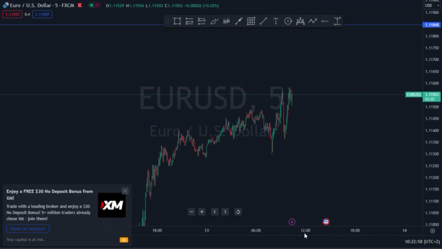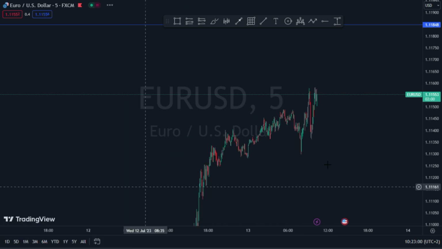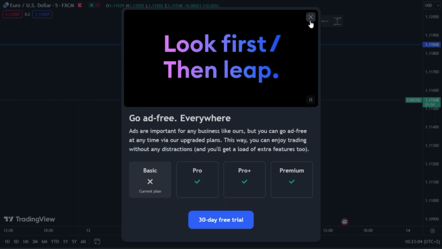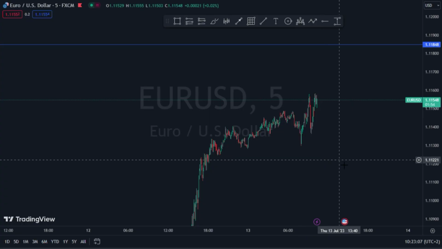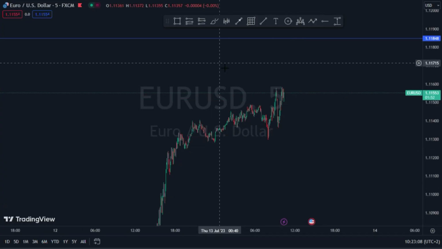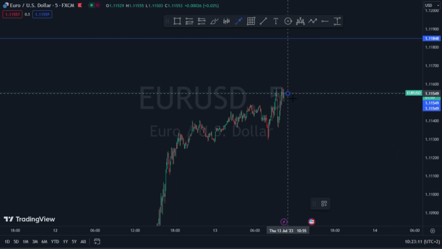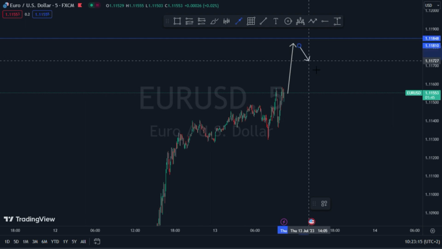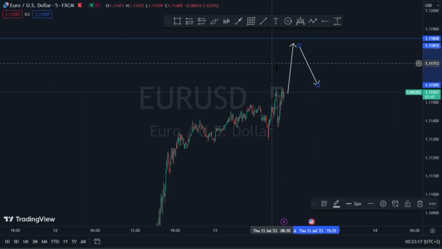The market is already showing signs of exhausting. It shows that sellers are gonna come into play, but we're just gonna wait and see if the market is gonna reach that area. After reaching that area, we're gonna start seeing the market pushing to the downside.